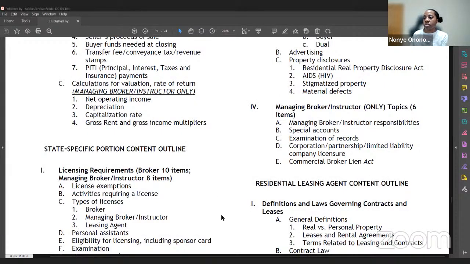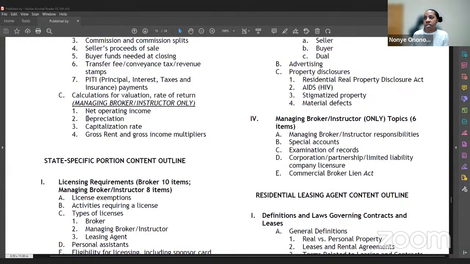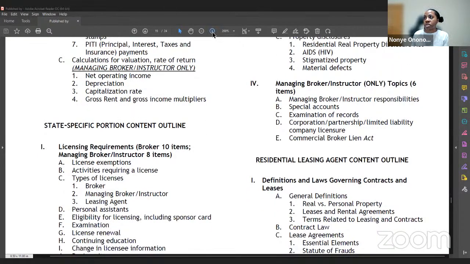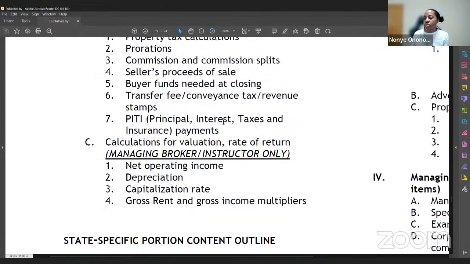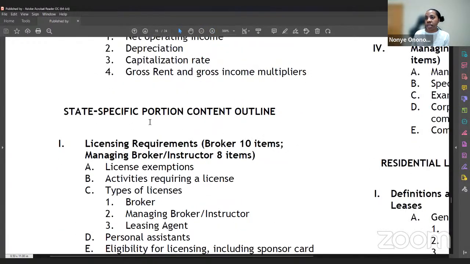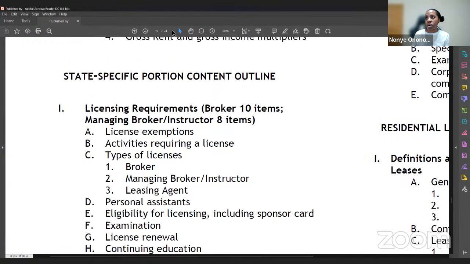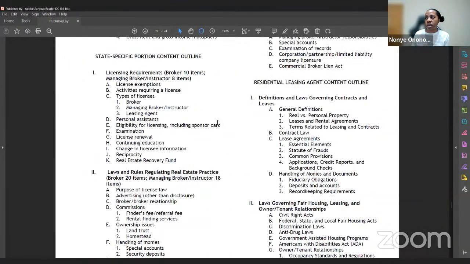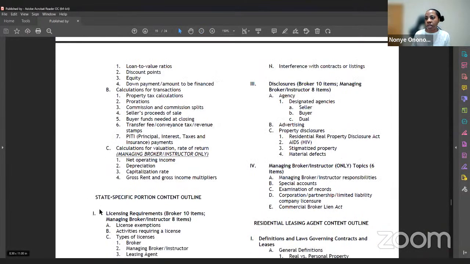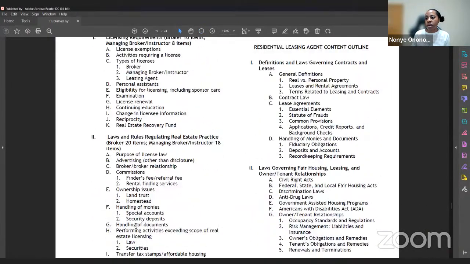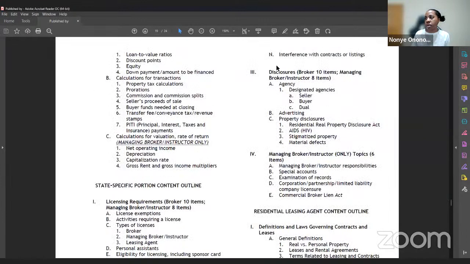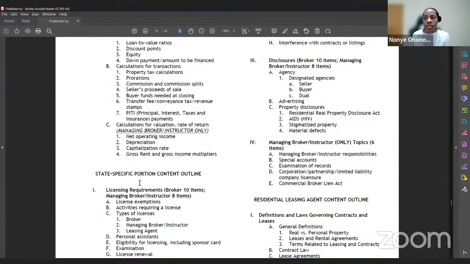Okay, so here on my screen, this is the candidate handbook, and I will zoom in just a little bit more. So this is page 18, and this is your state specific. It's in two columns, starting here, going all the way down to the end of the page and then coming back up on this side. Now, if you notice, it's 1, 2, 3, and 4. But number 4 is managing broker / instructor only.